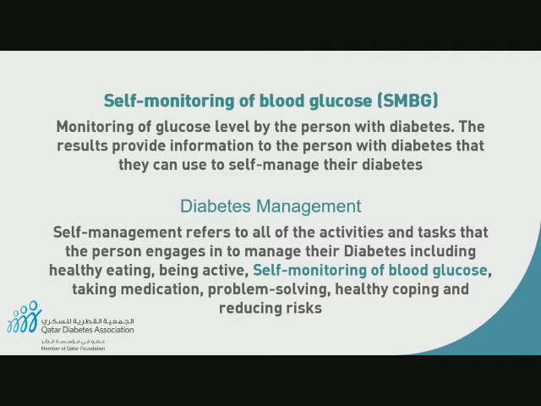So all these activities, the diet, the exercise, taking your medications, and self-monitoring, all this is called the diabetes management. Today, we are going to talk about a very important part, which is the self-monitoring of blood glucose.